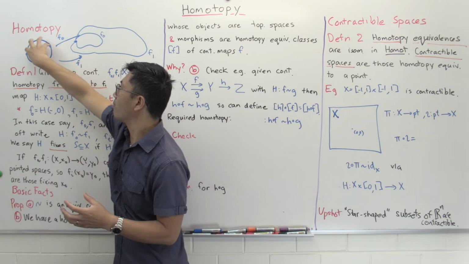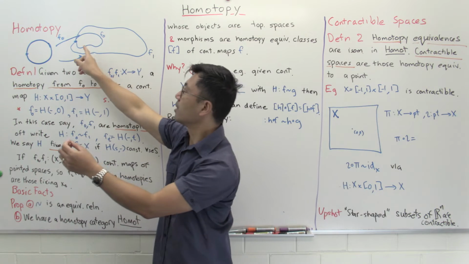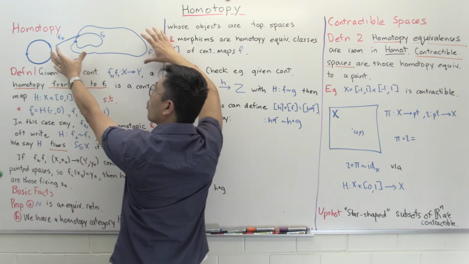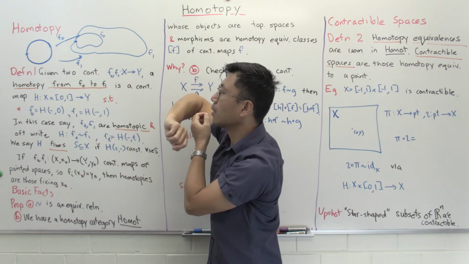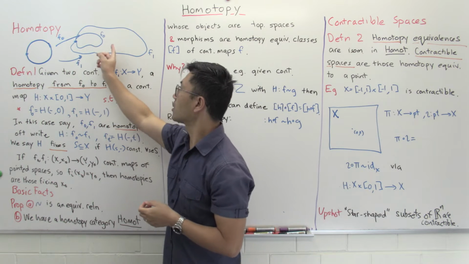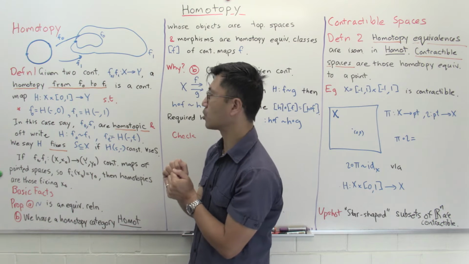You can think of this as a map from the circle to the whiteboard, and you can slowly over time deform it by growing this loop from the small one, f0, to the one that gives you f1. That process of slowly growing from f0 to f1, that deformation, is called a homotopy.